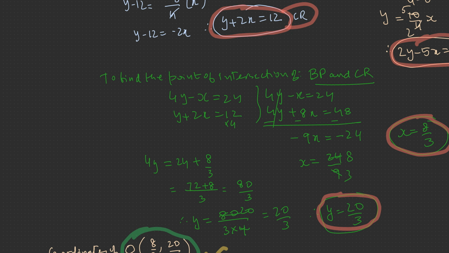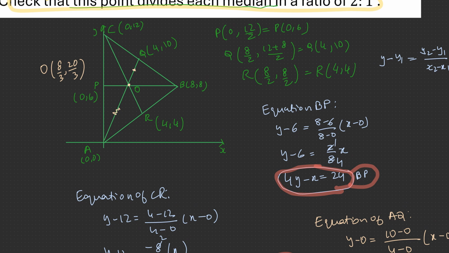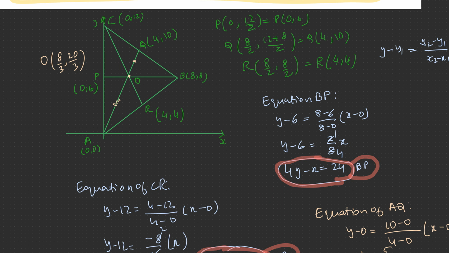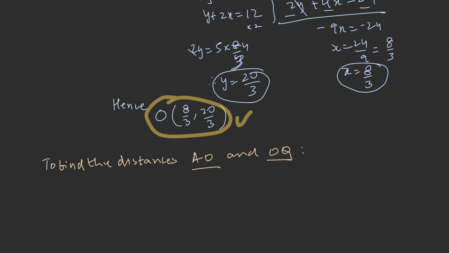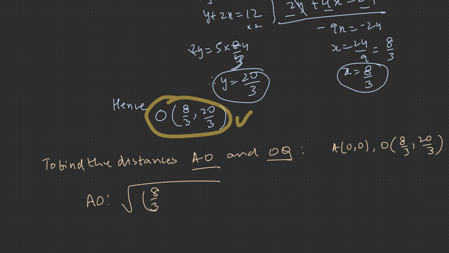Now AO, where is AO? So we know the point O, we know A. So A is 0, 0 and O is 8 over 3, 20 over 3. So AO would be square root of 8 over 3 square.